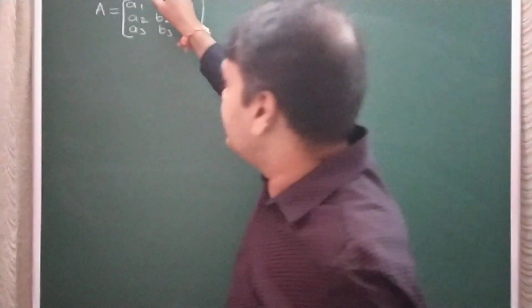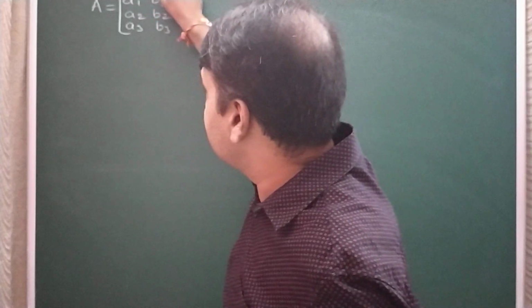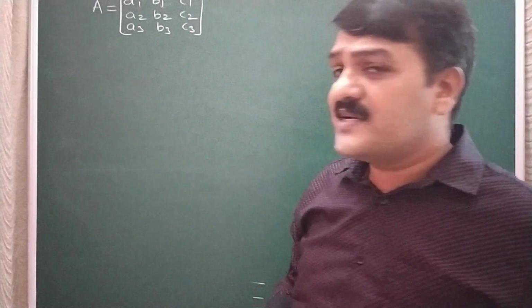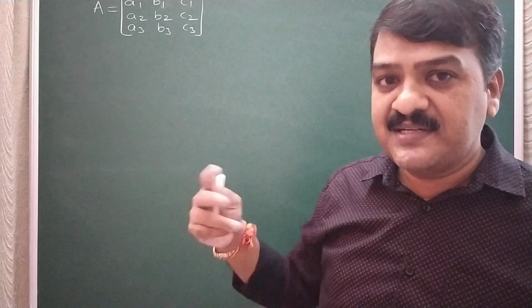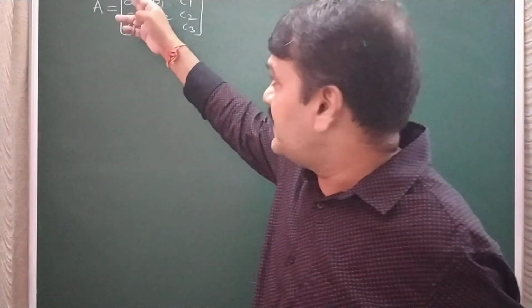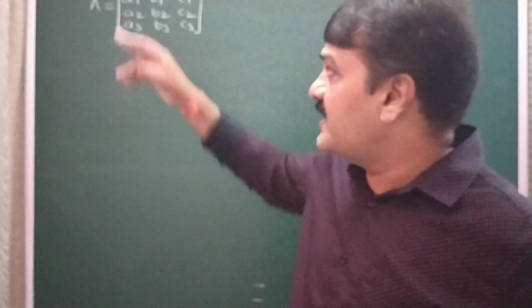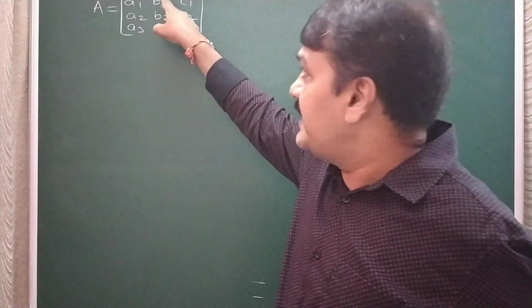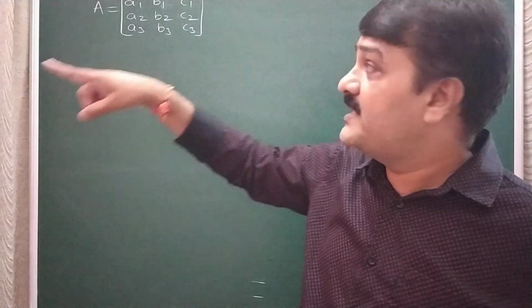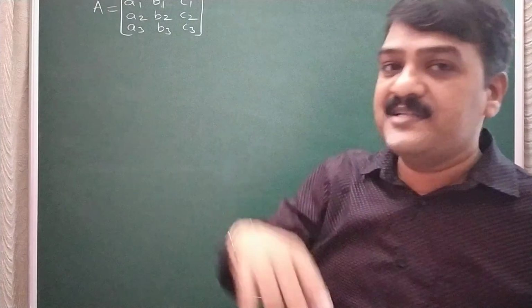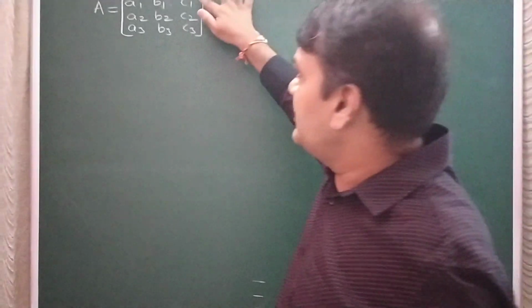If I take the signs like this, then instead of cofactors I can take minors. So I can write A1 into its minor minus B1 into its minor plus C1 into its minor. I can use any row or column to find the determinant.